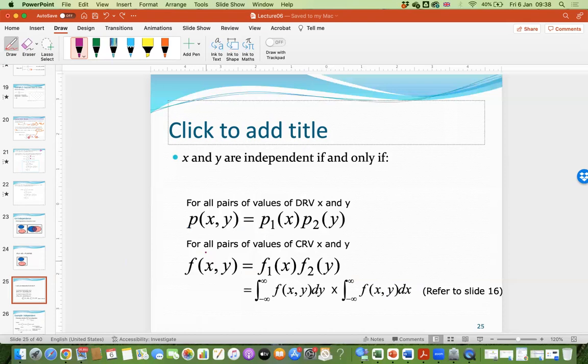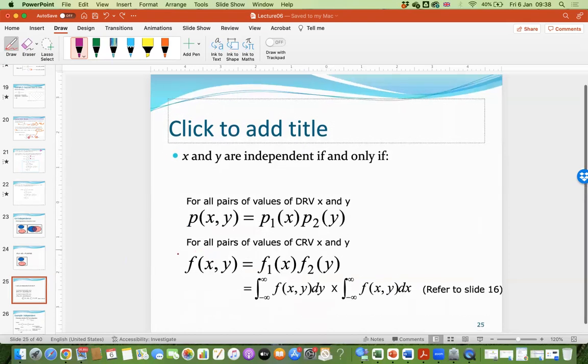What does that mean? I'm sure we learned about this before for discrete random variables.